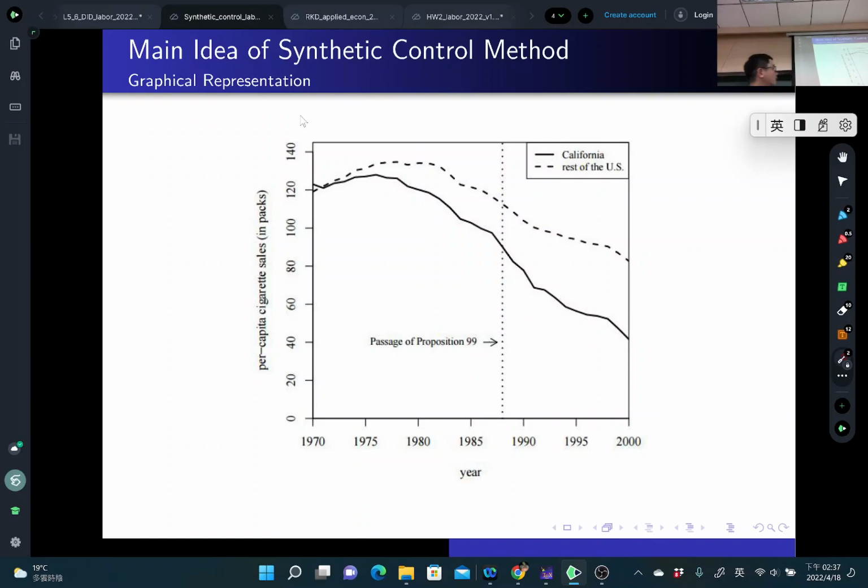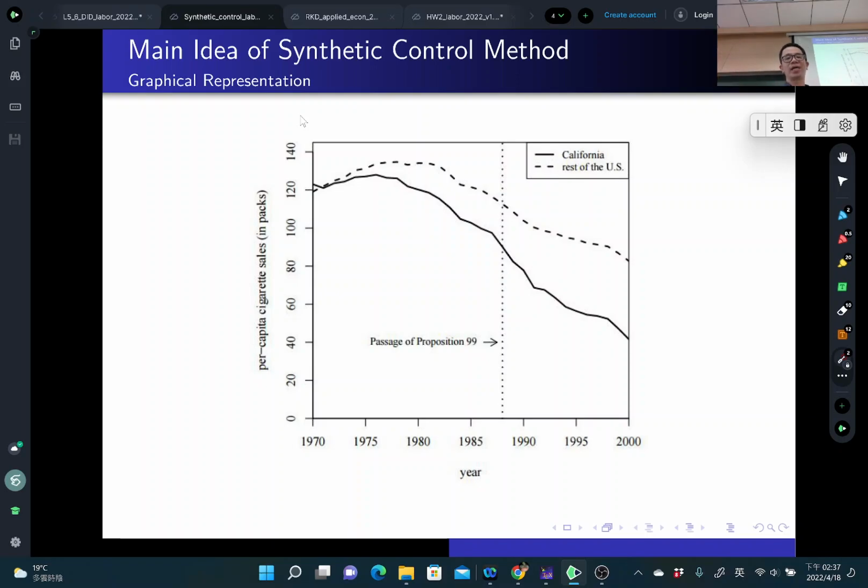This is a very classical example when you do the synthetic control. They want to look at the policy that happened in 1989. That is the anti-tobacco policy in California. It's a policy that tries to discourage people from smoking.